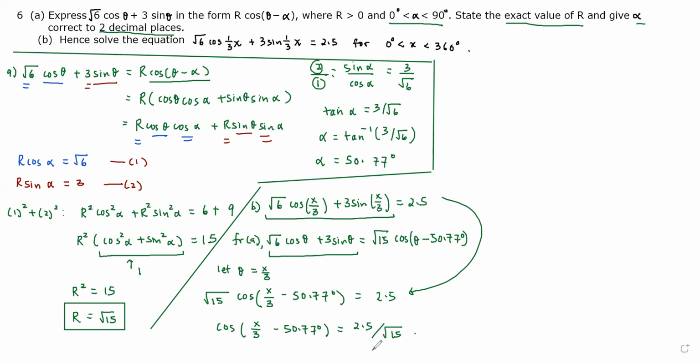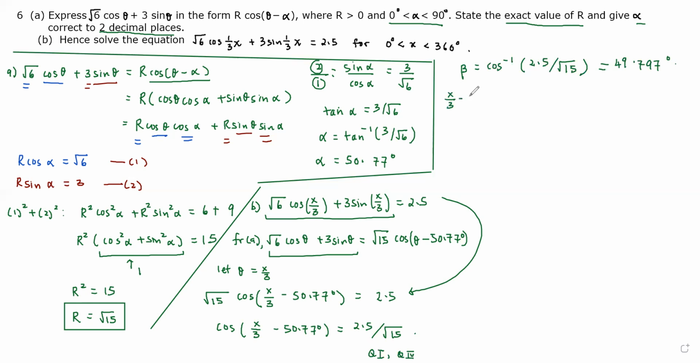Cos is positive, so the whole angle, x over 3 minus 50.77, is either in quadrant 1 or quadrant 4. We need to find beta first. That is inverse cosine of 2.5 over square root of 15. From your calculator in degree mode, you should have a value of 49.797 degrees.